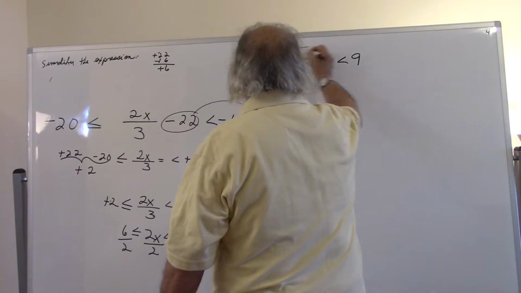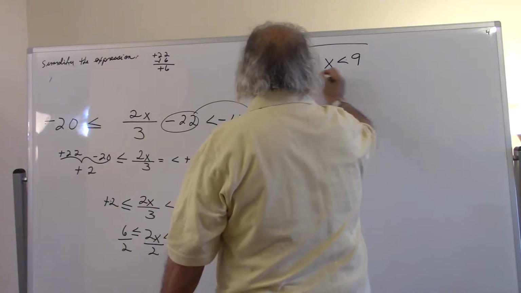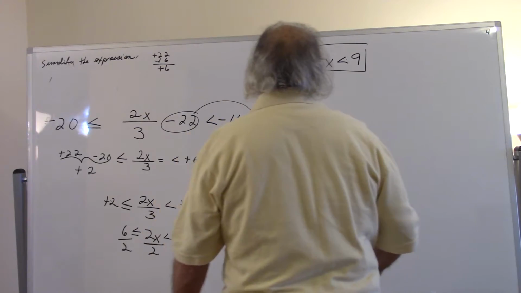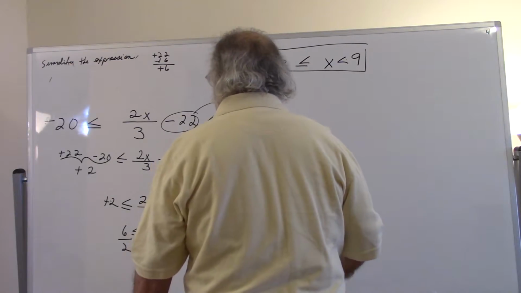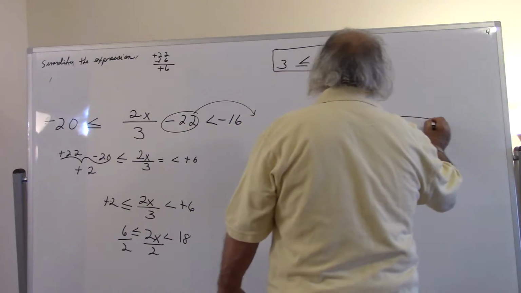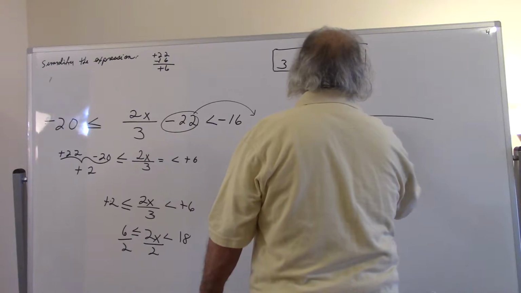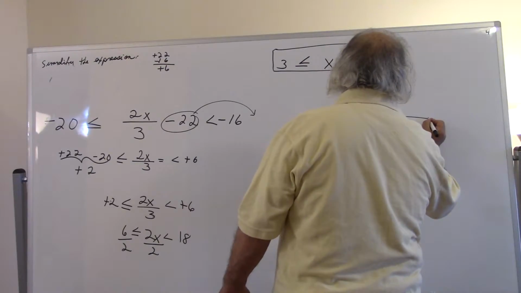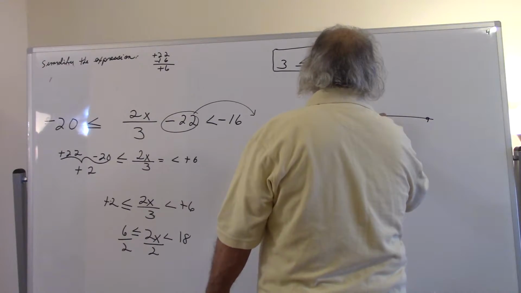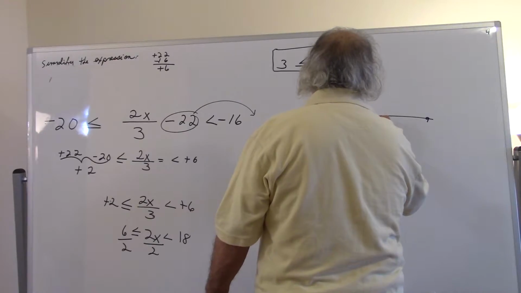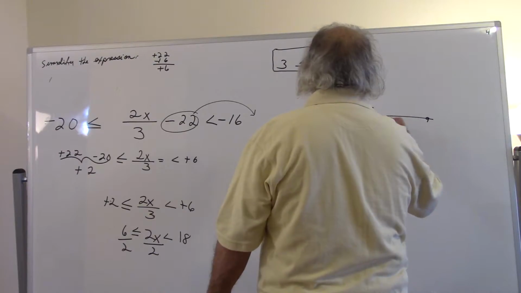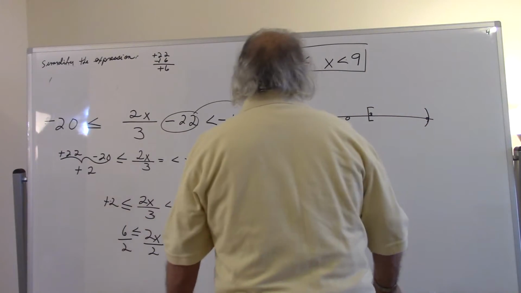And this is how you graph it. Here's 9. Here's less than. There's 3. So it's less than 9 to 3. And there's your graph.